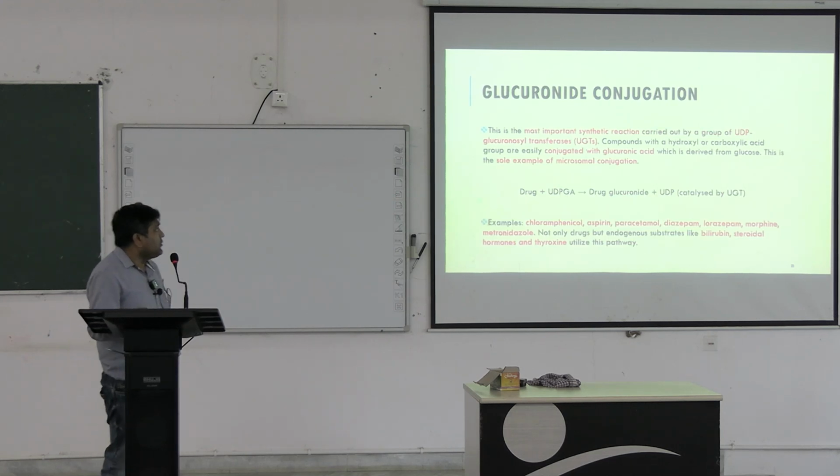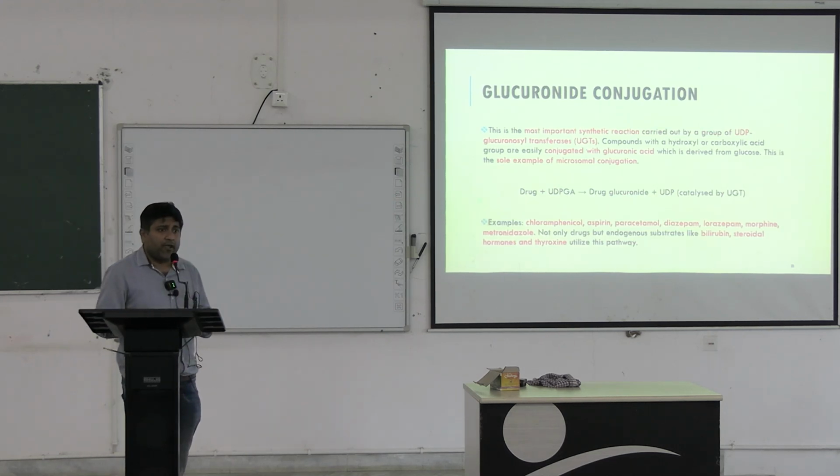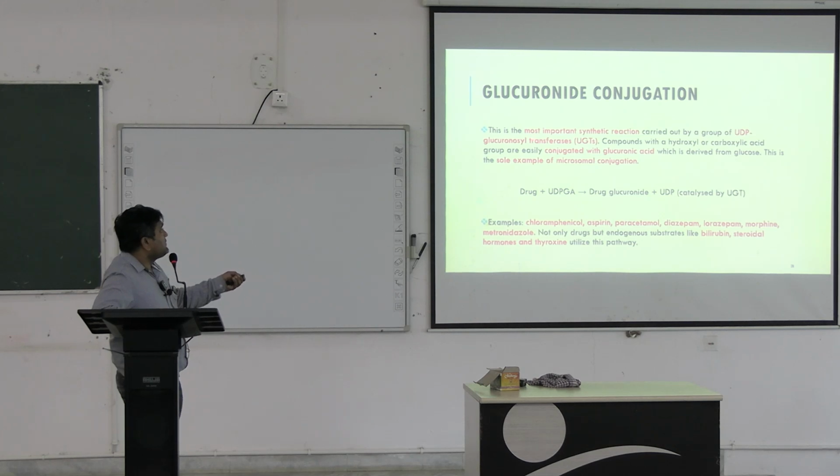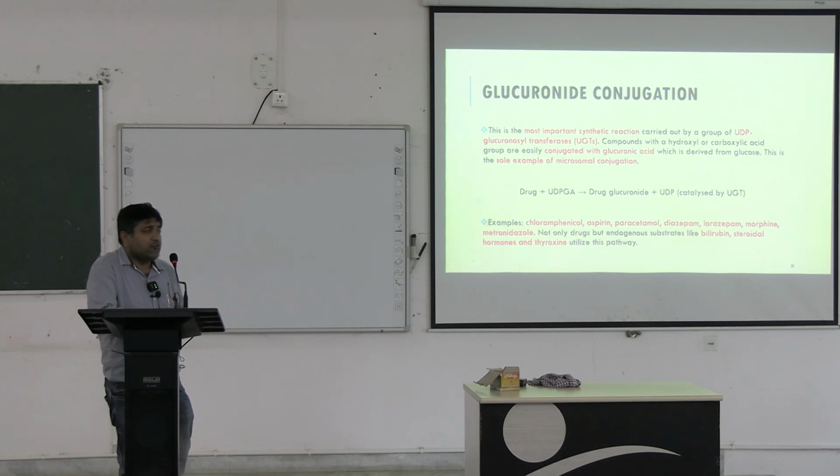Number 1, glucuronide conjugation is a microsomal reaction. This is the most important synthetic reaction carried out by a group of uridine diphosphate glucuronosyl transferases, UGTs, in the presence of a cofactor UDPGA, uridine diphosphate glucuronic acid.